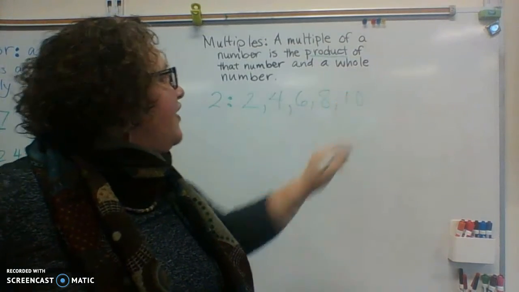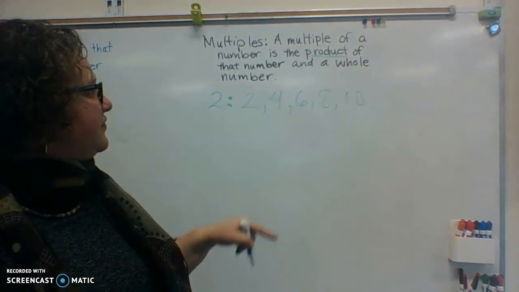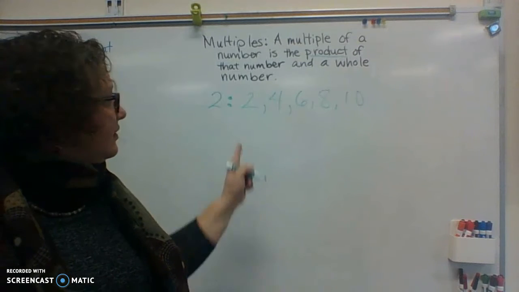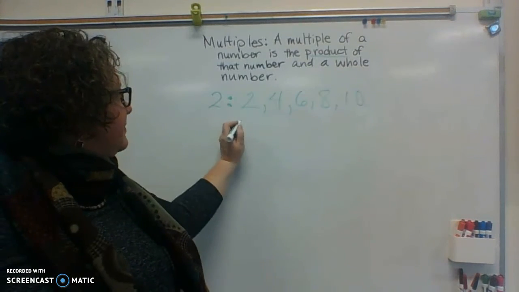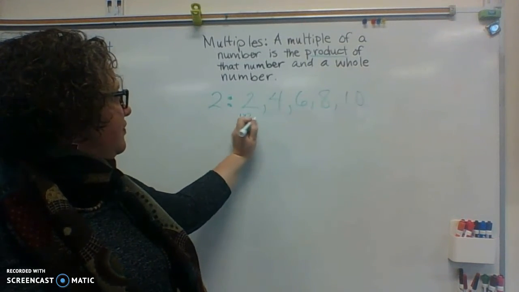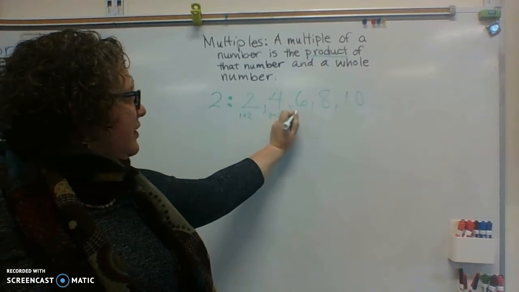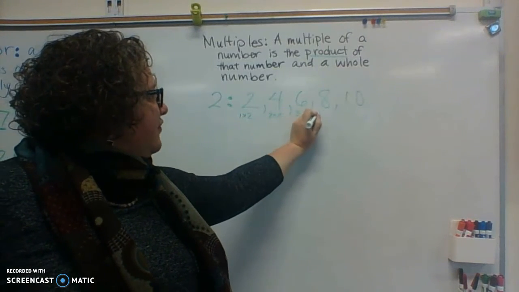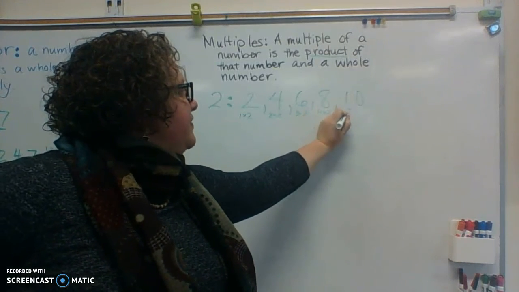So the first 5 multiples of 2 are 2, 4, 6, 8, and 10. So it's basically 1 times 2, 2 times 2, 3 times 2, 4 times 2, and 5 times 2.